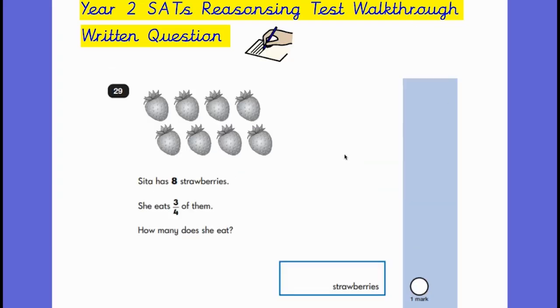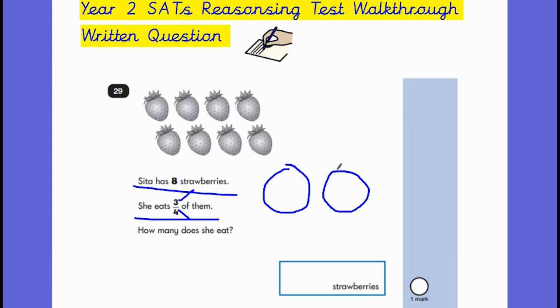Question 29. Sita has 8 strawberries. She eats 3/4 of them. How many does she eat? So for this question here, it's a fractions of amounts question, but it's been worded. So it's 8 strawberries and she eats 3/4. So what they need to do is see that here and here are numerator and denominator. The denominator tells us how many groups she's sharing them into, which is 4, because we're sharing them into quarters.